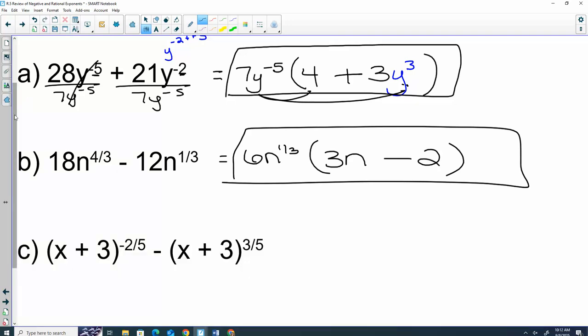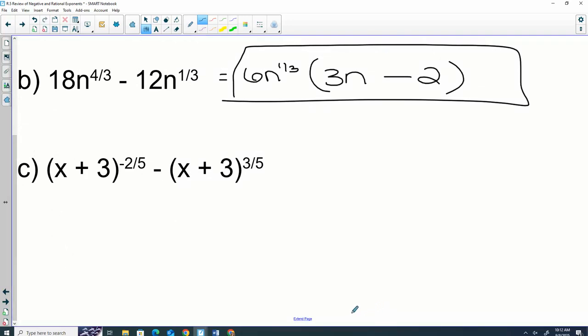What about this one? So if I'm looking at this, I have two terms. Those are separated by addition and subtraction. So here's a term, and here's a term.